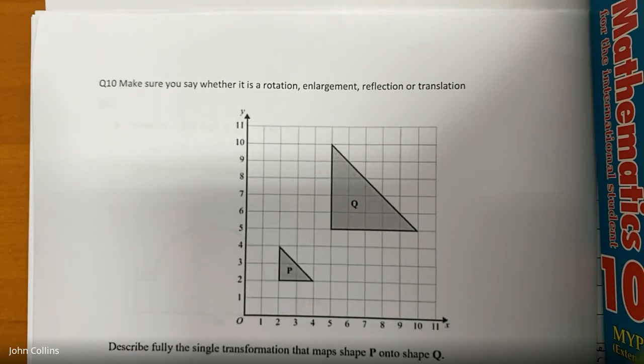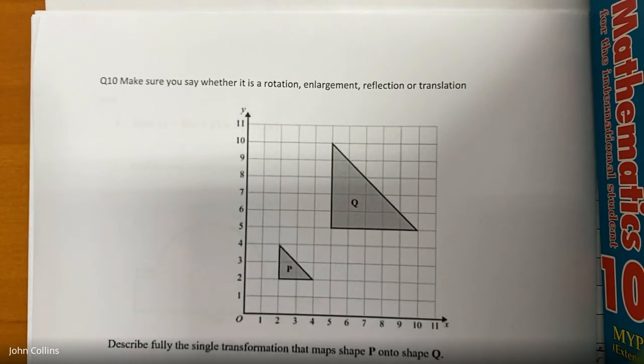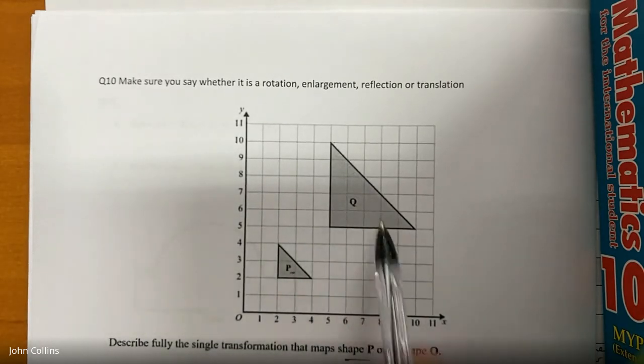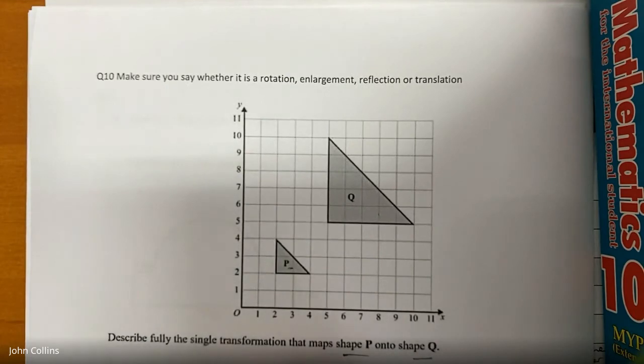Yeah, that's a very detailed answer. Okay, so most people think it's enlargement. P onto Q, so it's going from P to Q, so that's definitely getting bigger, so that's an enlargement, yes.